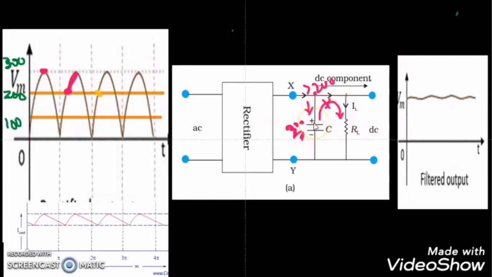So what we observe here is that when the capacitor is discharging, the load voltage does not go below 200 volt, but when the capacitor is charging, there is no current flowing from it and the load voltage follows the supply voltage. Again at the 300 volt peak of the power supply, the capacitor gets charged to 300 volt. Whenever the supply voltage decreases, the capacitor voltage becomes more than the supply voltage, and the current starts flowing to the load.